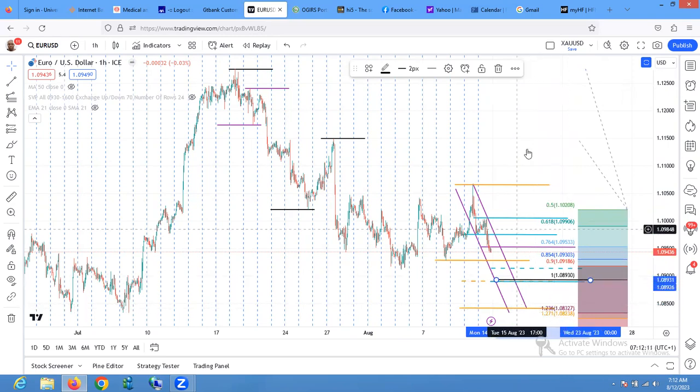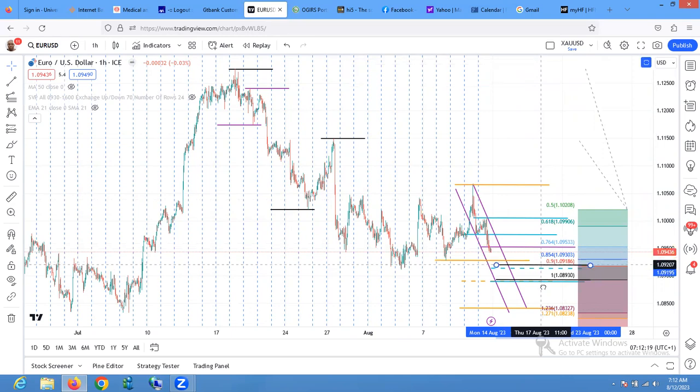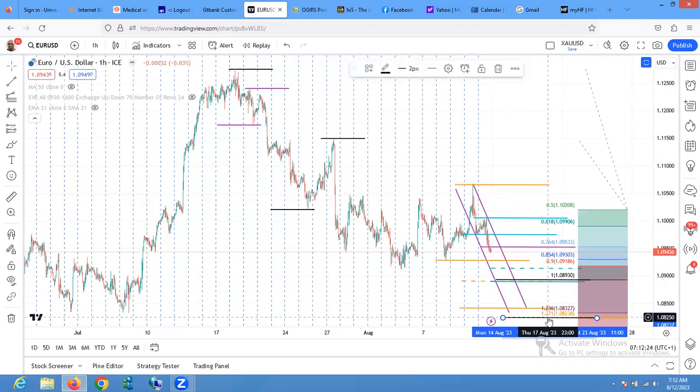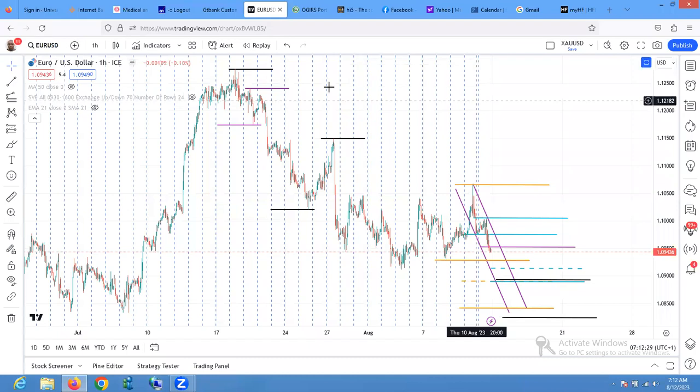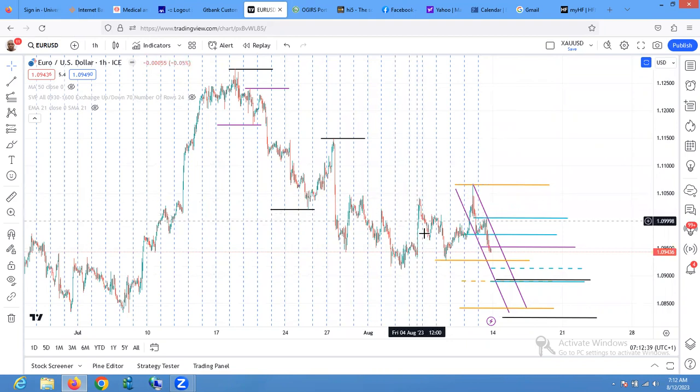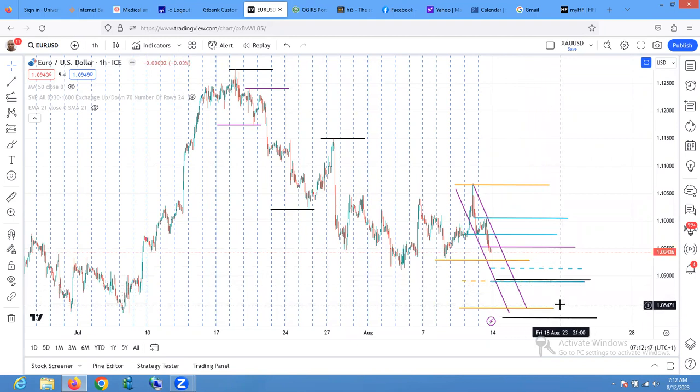So 123 here, 127 here, everything is still falling between this being an A, B, and a C. For now, I see this as a big move of a 1, 2, 3, which is going to grow past this, but I think we're not going to engage the structure below here for now.